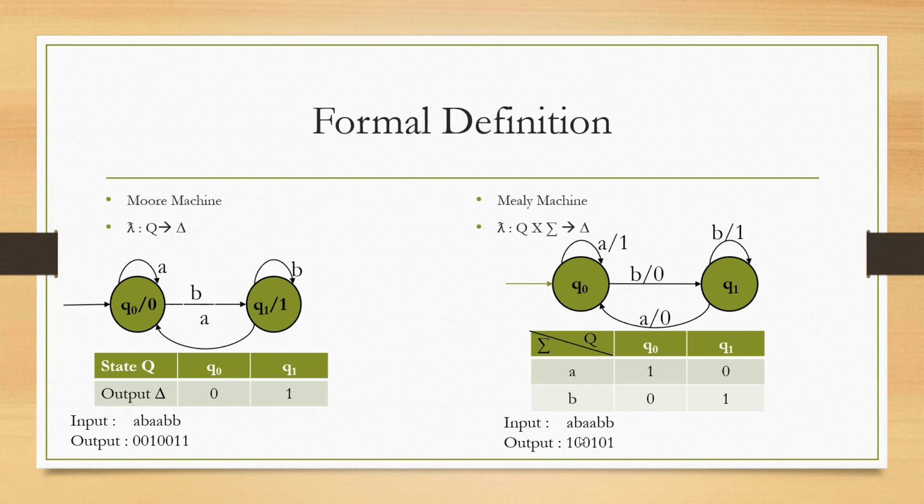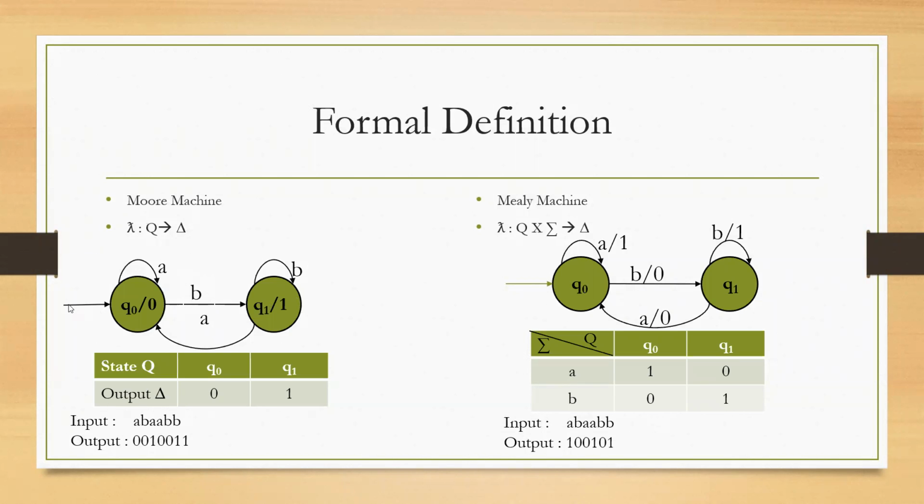Now if you compare the Mealy machine, the transitions on different inputs A and B are the same, so in that way both the machines are the same. But now observe the output and check how it generates the output.